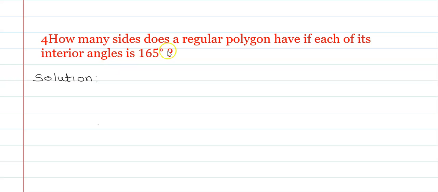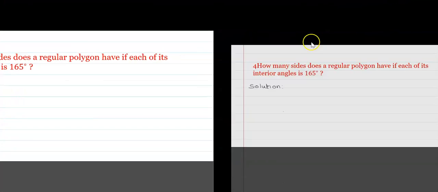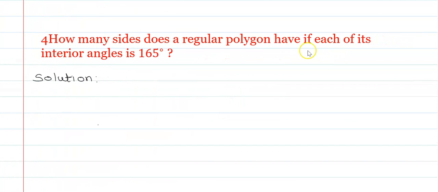How many sides does a regular polygon have if each of its interior angle is 165? First of all, we will find out its exterior angle. Let the number of sides be n. Okay.